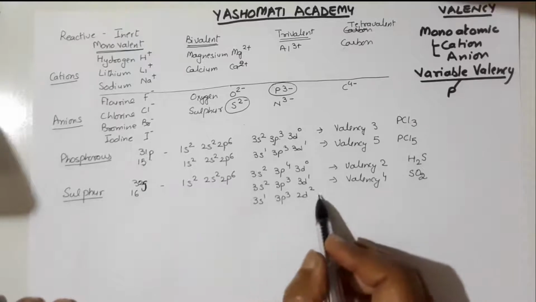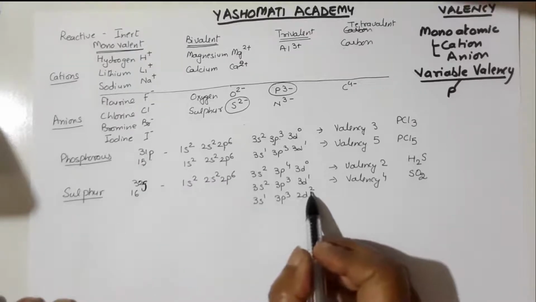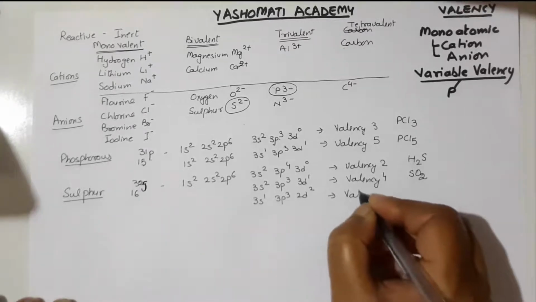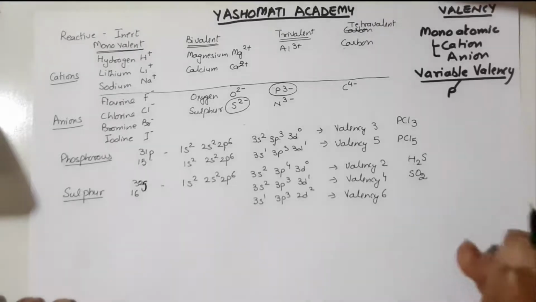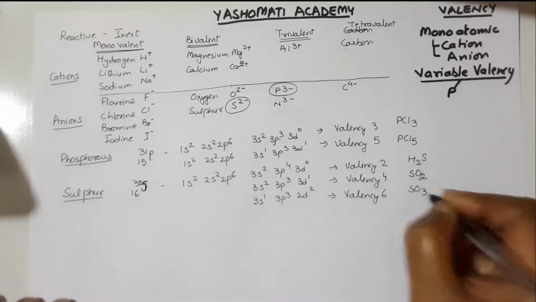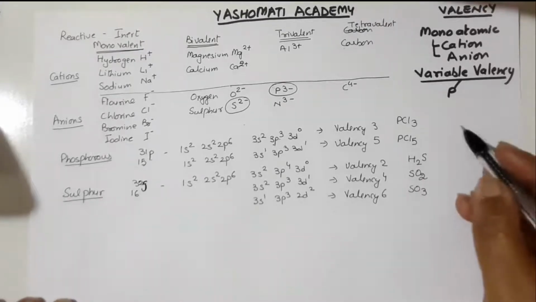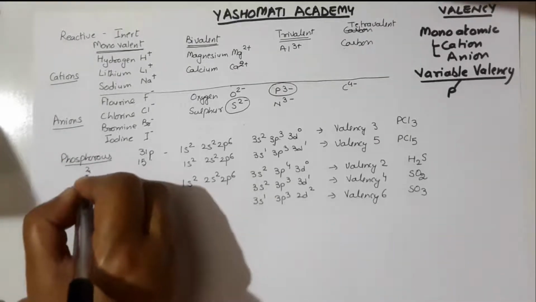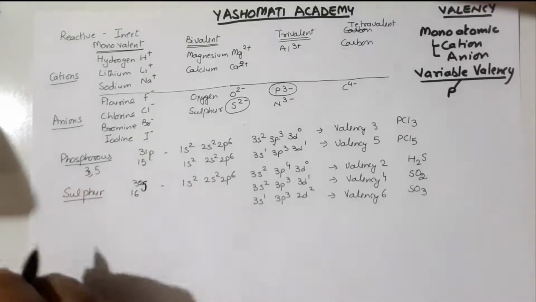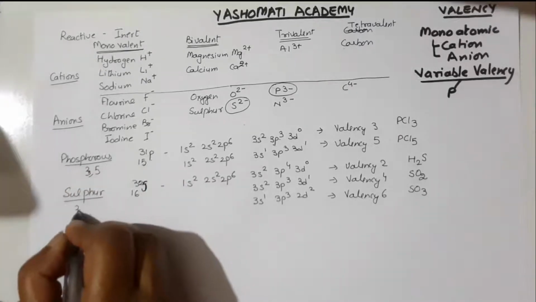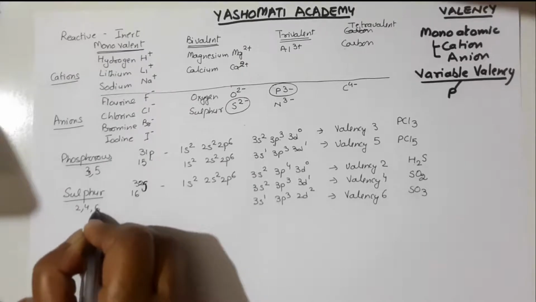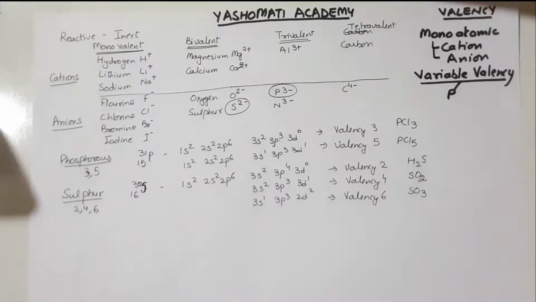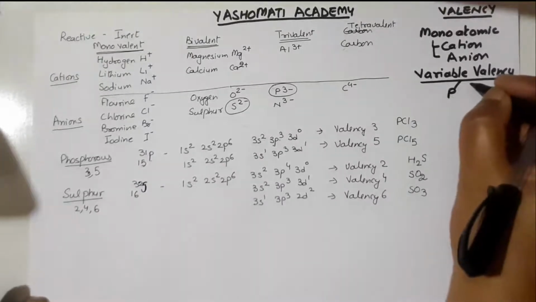Now here all these electrons are unpaired, so its valency is 3 plus 2 plus 1, that is valency 6. And compounds like SO3 are formed. Here again we could see that phosphorus shows valency 3 and 5, and sulfur can show valency 2, 4 and 6. So both these elements are examples of variable valency.